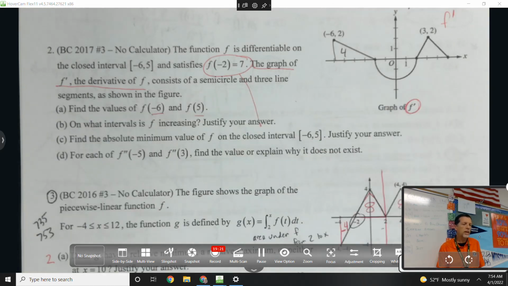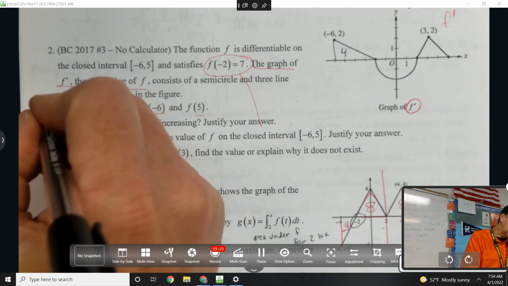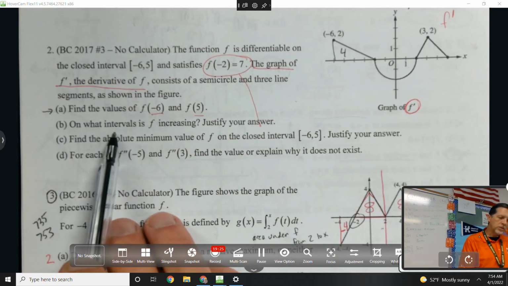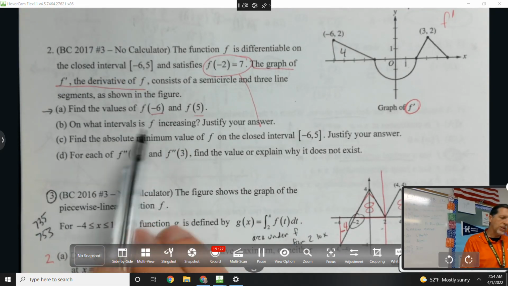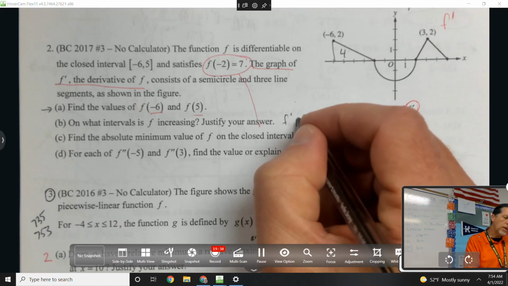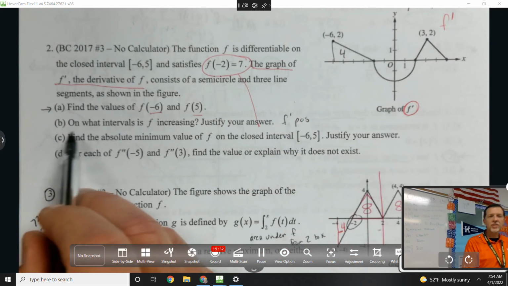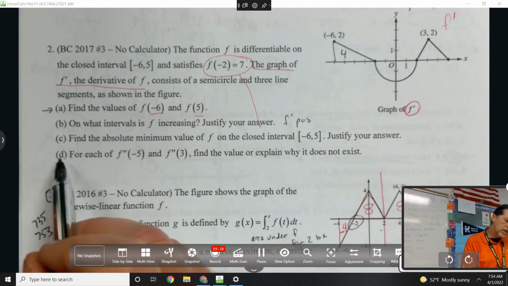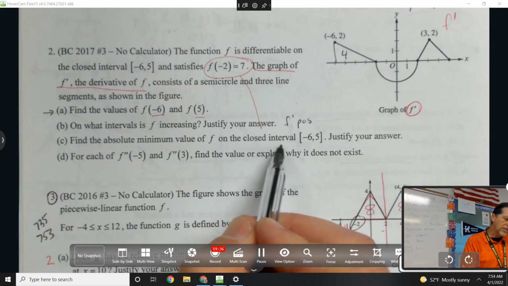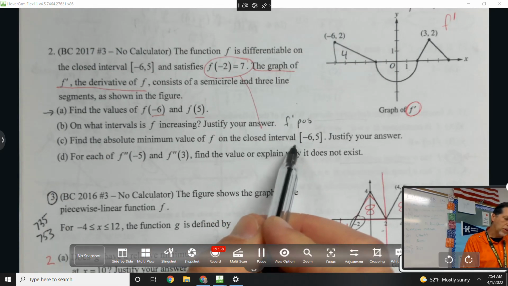Okay. Another good example of if you get stuck on A, well, you can still answer B because f increasing would mean where's f prime positive? So B should be an easy one. Absolute minimum, that's going to take a little work because you'll have to check some endpoints.